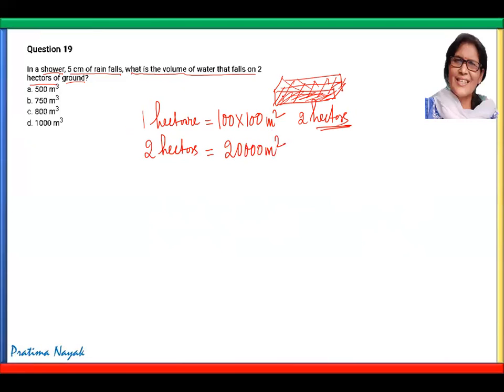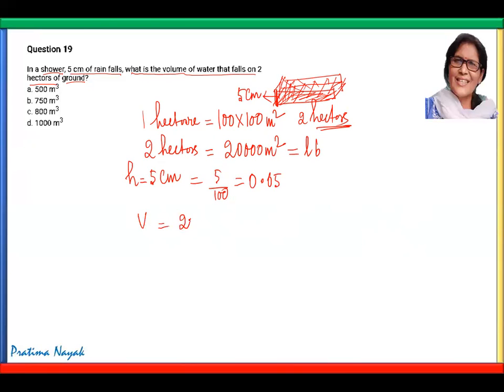On this, water is logging to a certain height of rainfall. How much? 5 centimeter. So you have to convert 5 centimeter into meter, which is the height here. So this is the base area, that is your L into B. 5 centimeter means 5 by 100, that will be 0.05.